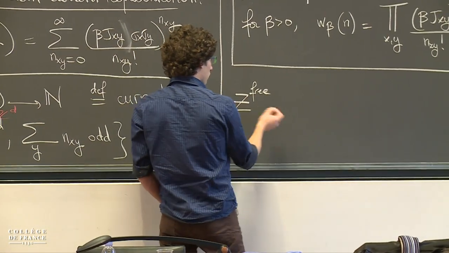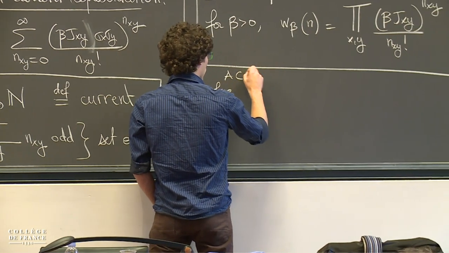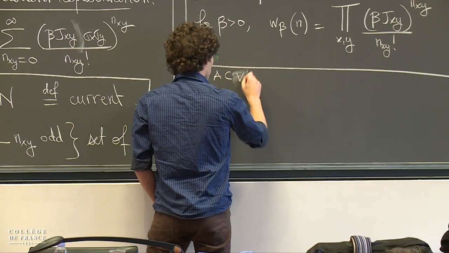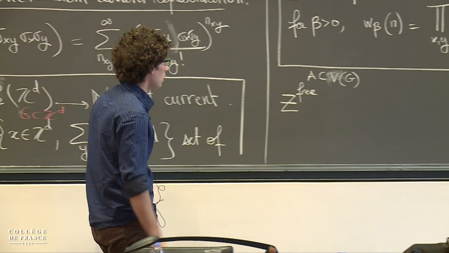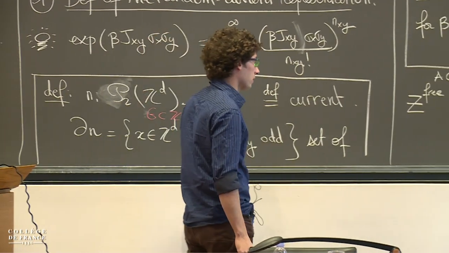So if you take a subset A of V of G, so you have a finite graph G, you take a subset of the vertices.